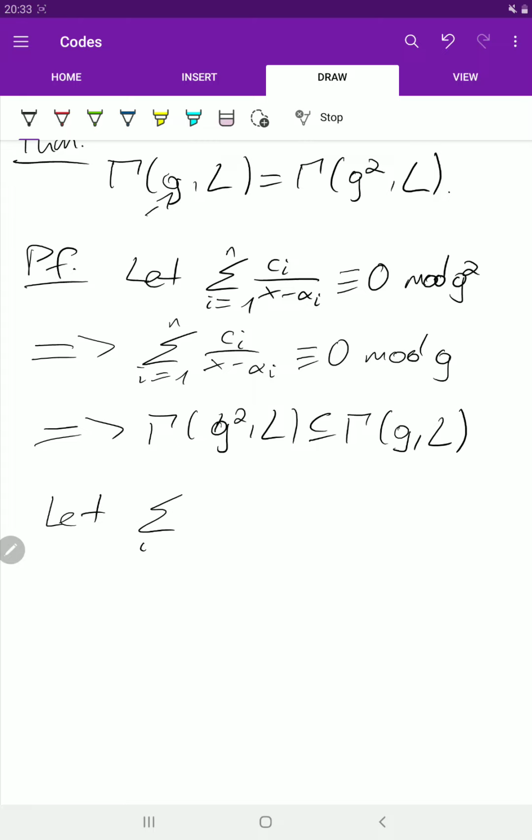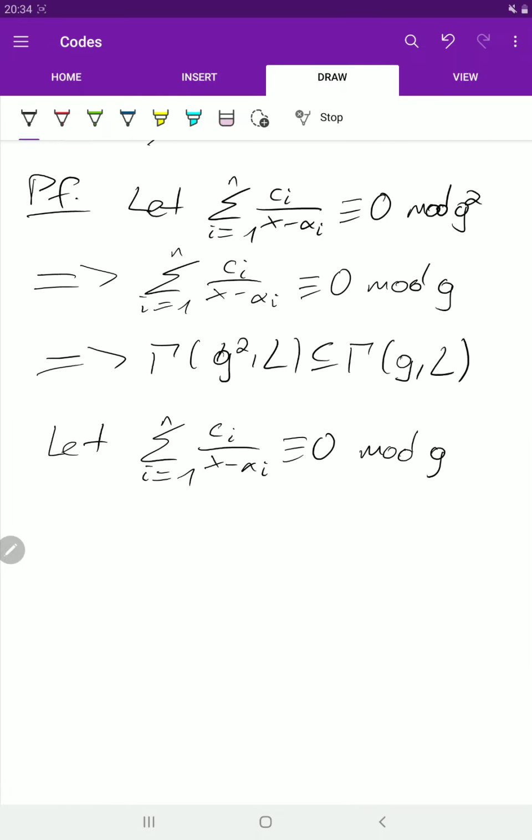So now let's assume that the sum over i from 1 to n of c_i over x minus alpha_i is 0 modulo g. A first thing we might want to try is maybe we can square it and see what we have. Let me also mention that this won't lead us directly to a proof, but it gives us a hint of what we should do.